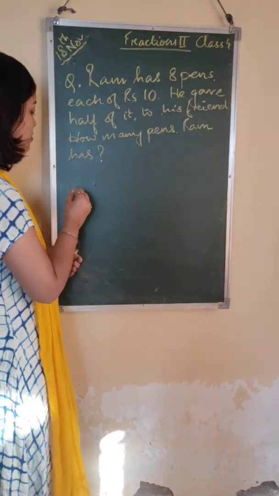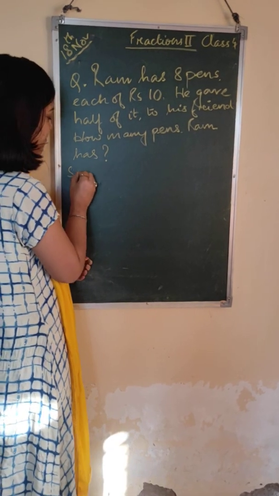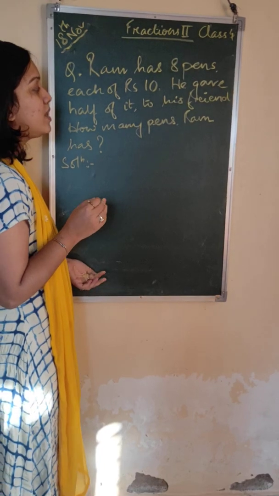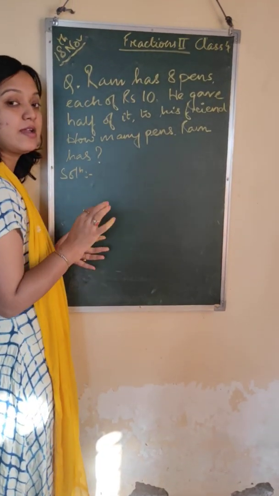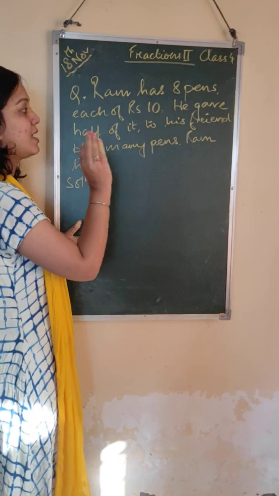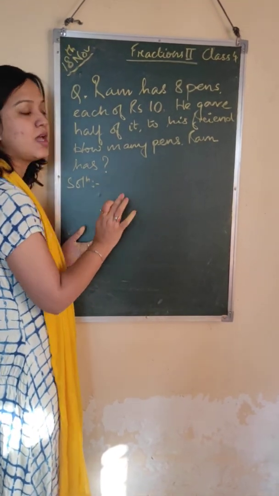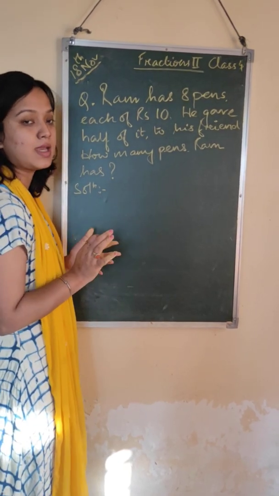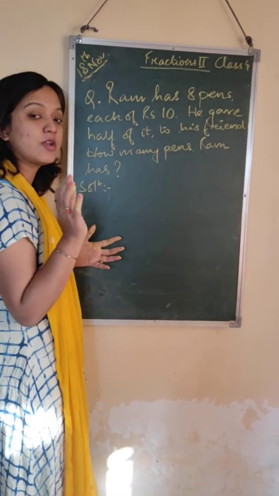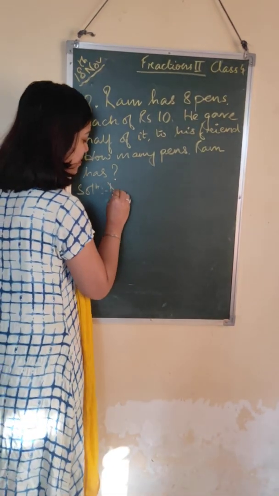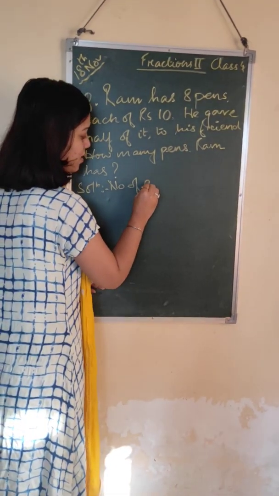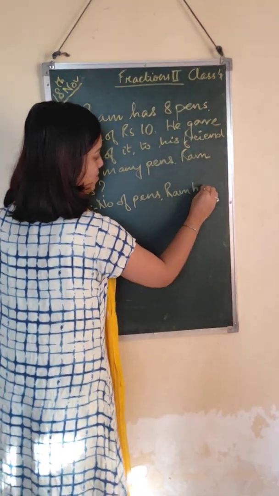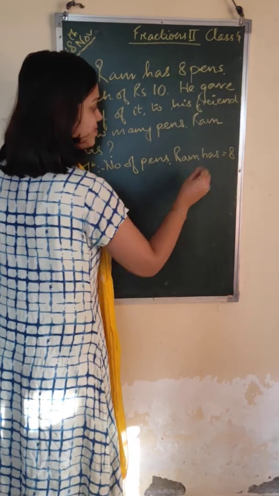So how will we do it? This is very easy. See here. Ram has 8 pens of ₹10. Now they are not asking about any cost or any money-related question. They are directly asking how many pens. So we will not write anything related to cost or money. We'll simply concentrate on the number of pens. So number of pens Ram has equals 8.